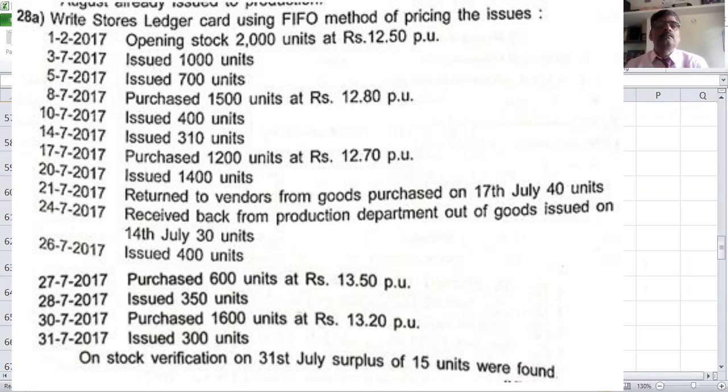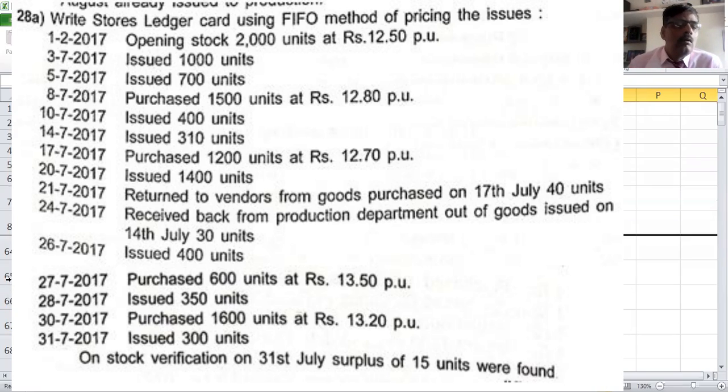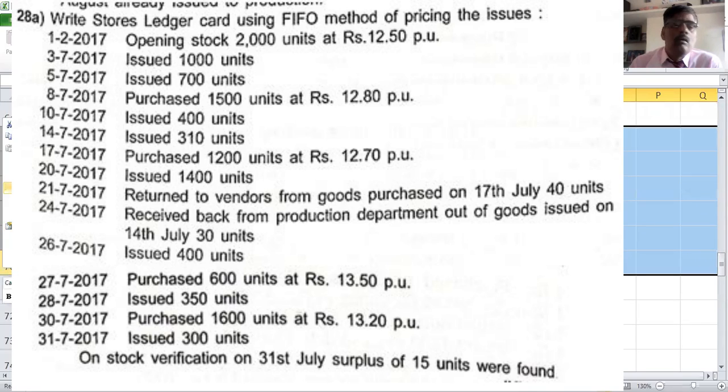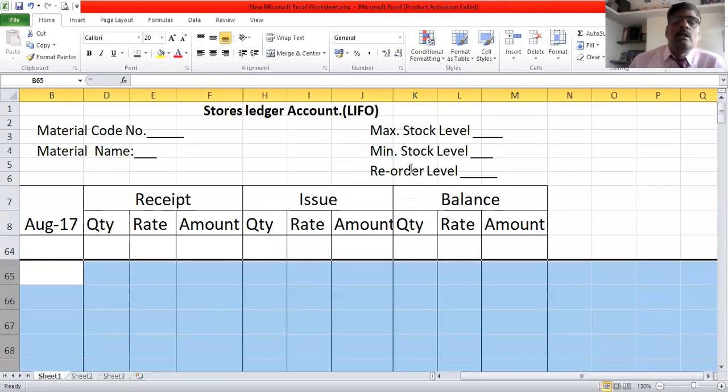Okay, now you see the problem. This is my stores ledger under the LIFO method.